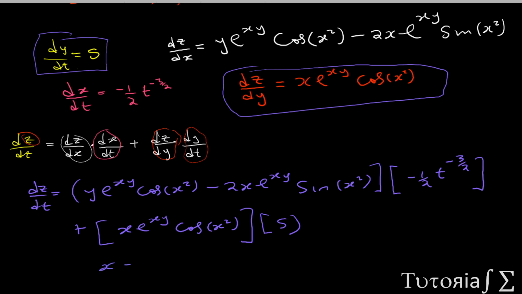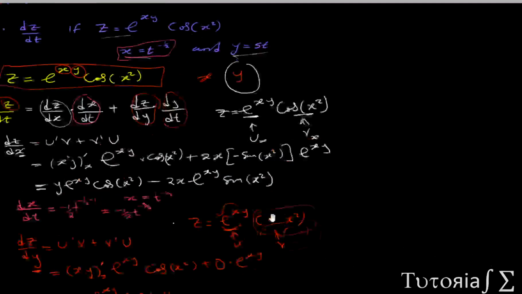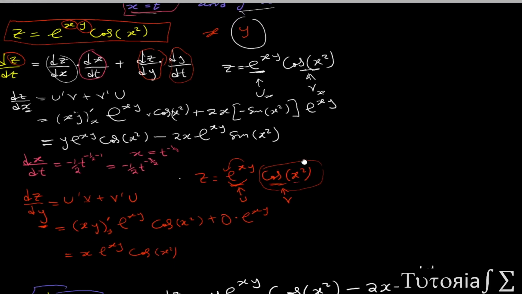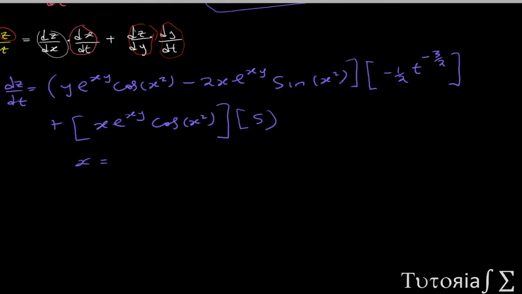According to the question, x is equal to t to the negative half, and y is equal to st. So wherever there is x, we'll put t to the negative half, and wherever there is y, we put st.